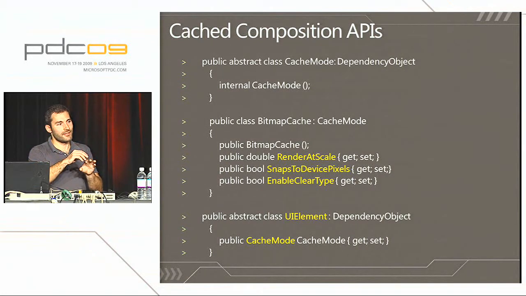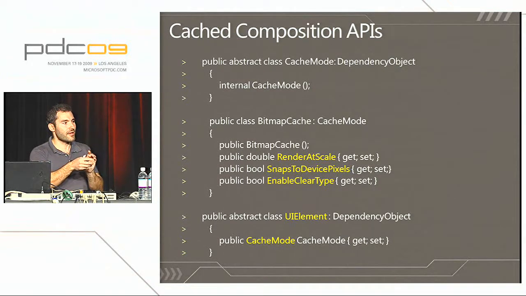So the initial size rendered on the screen will be small, but it's actually rendering from a very large cached bitmap, so it doesn't have to regenerate the bitmap as you scale the thing up.